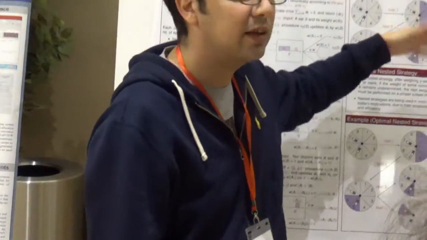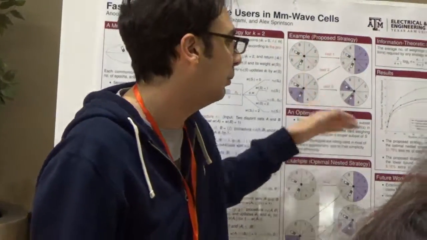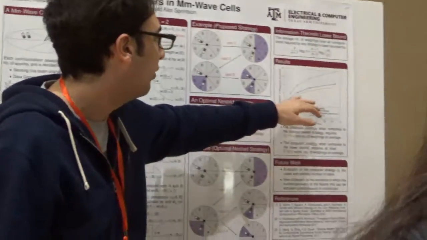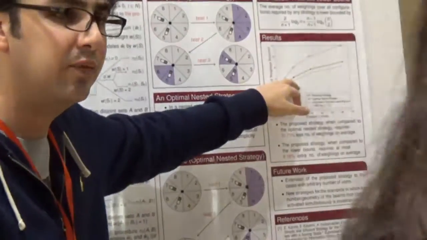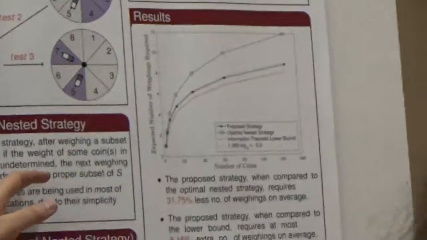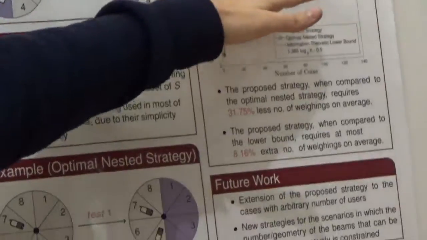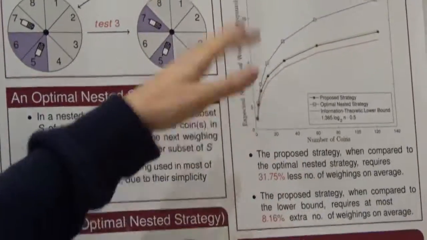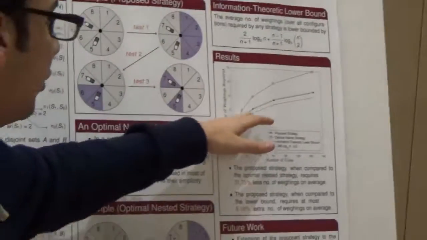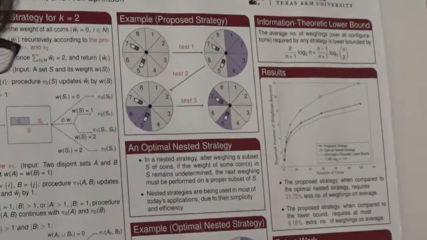So if you look at the average number of tests versus the number of users, what we achieve is better than what people could achieve before, and we want this average number of tests to be as small as possible. We are gaining 32%. And this red one is actually an information theoretic lower bound, which is very interesting.